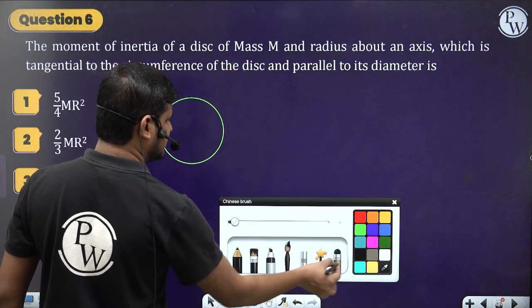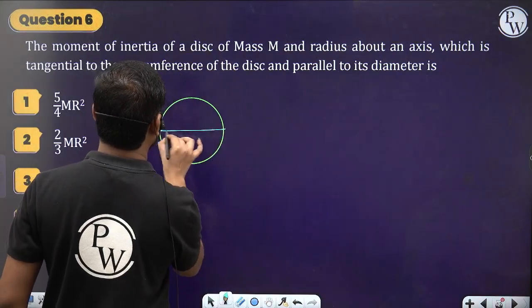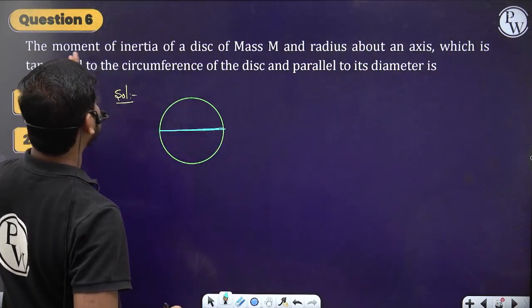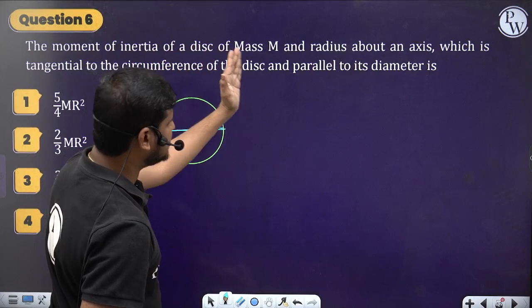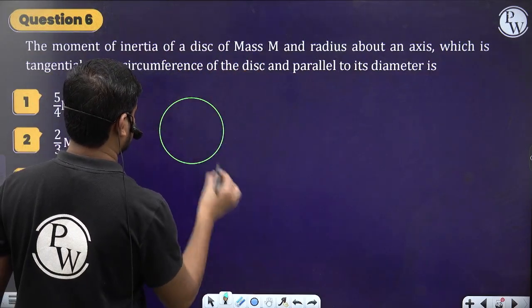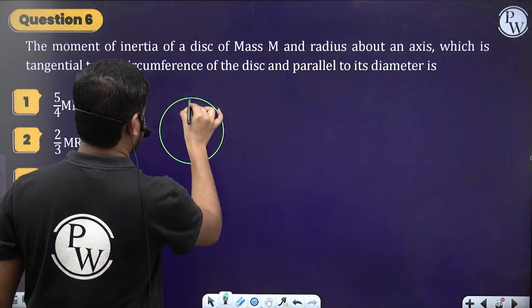Consider this is the diameter. Now what they are saying: tangential to the circumference of the disk and parallel to its diameter. Let's say, or otherwise take this point, this will be better. This is the diameter.